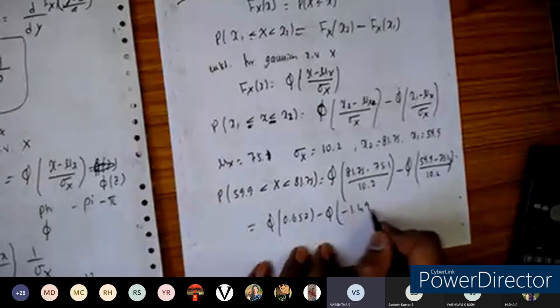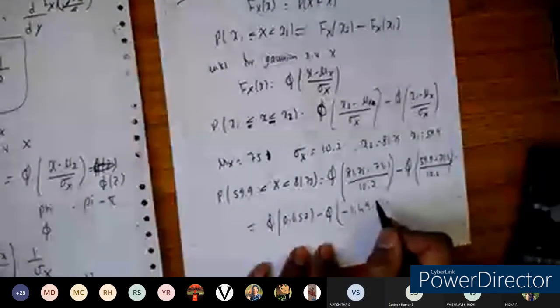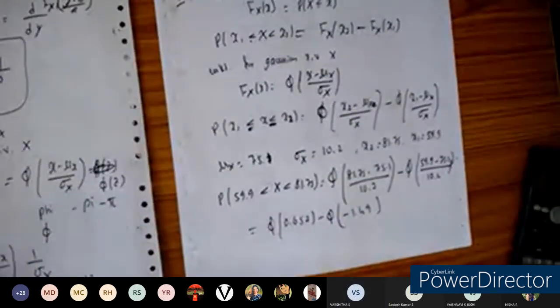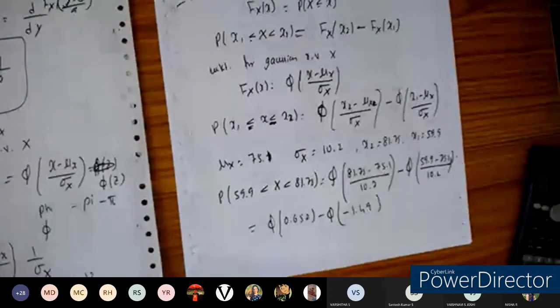These values can be found by using the Gaussian random variable table.